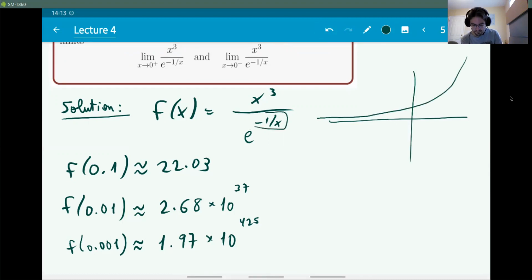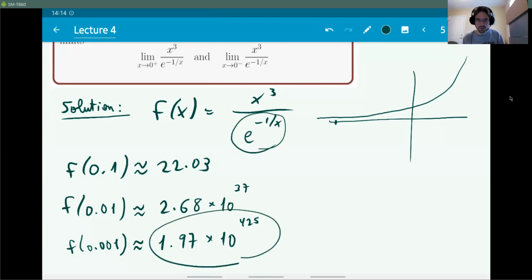E to a negative large number is like in here. This is a negative large number. The value of the exponential is very small in there. So as I said, this exponential is also trying to become very small. So both numerator and denominator are trying to become small, but the one that wins is the denominator. Exponentials usually decay or increase much faster than anything else. So this one is the one that dominates this function, and having a small denominator means having a large fraction. That's why this is happening.